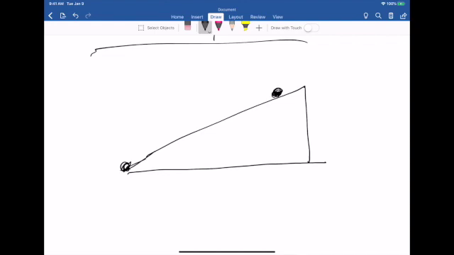You're given the coefficient of static friction and kinetic friction. The first thing that you need to figure out is how far will the truck skid before it comes to rest. So you have to find this distance, d. That's what you have to find, right?